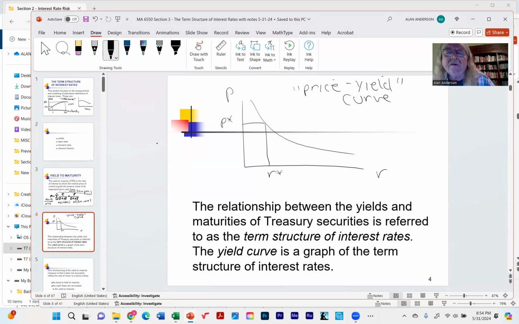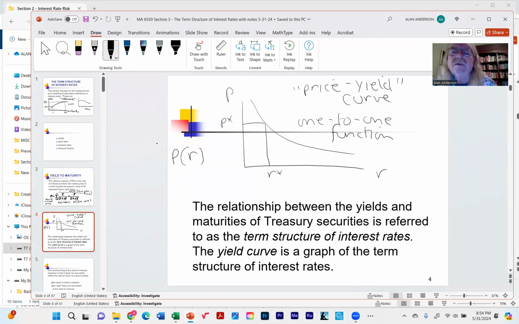And conversely, for every yield, there's one and only one price. So this is a one-to-one function. P of R is a one-to-one function.